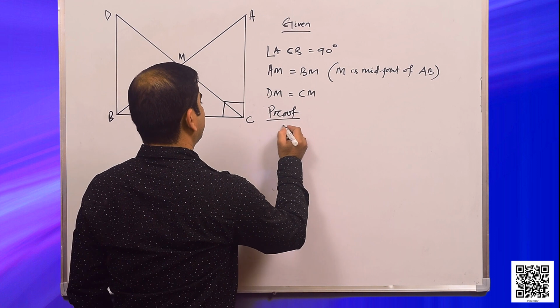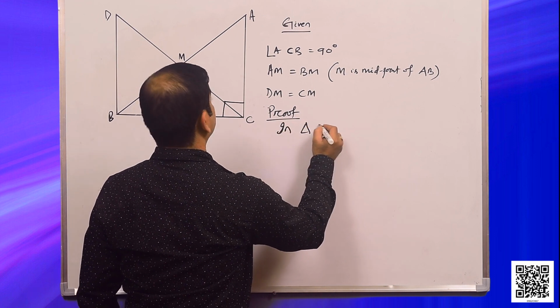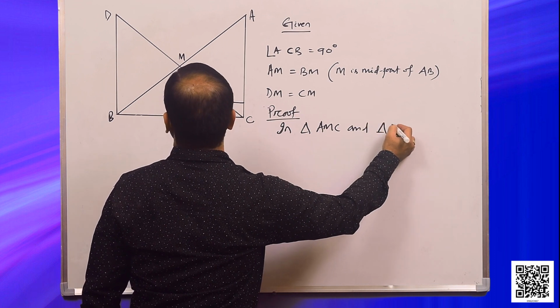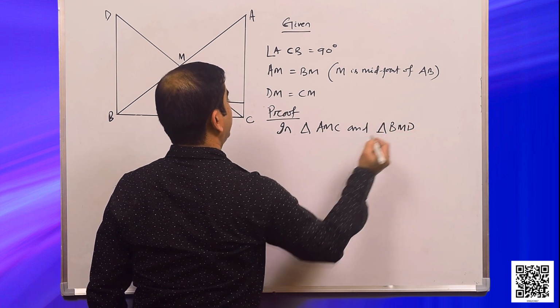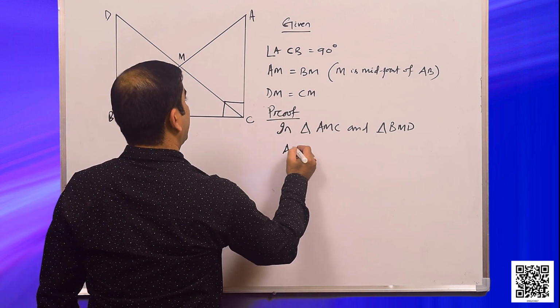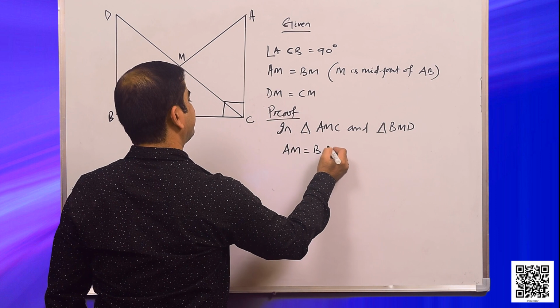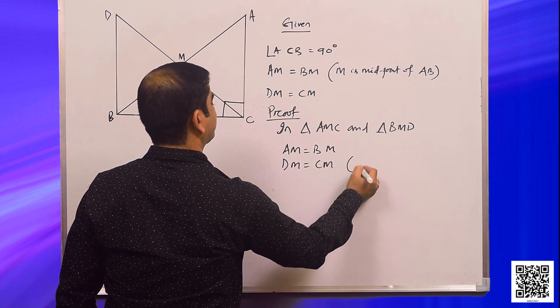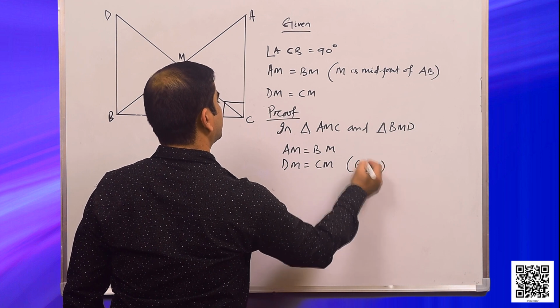So, in triangle AMC and triangle BMD, we have found that AM is equal to BM and DM is equal to CM, it is given.